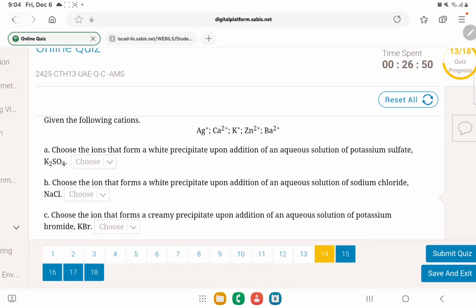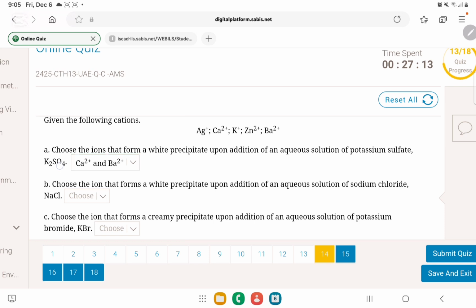So we choose the ions that form a white precipitate upon the addition of K2SO4. It's going to be Ca and Ba, because SO4 isn't soluble with Ca, Ba, and Pb. So it's going to form a precipitate with Ca, Ba, and Pb, but there's no Pb.